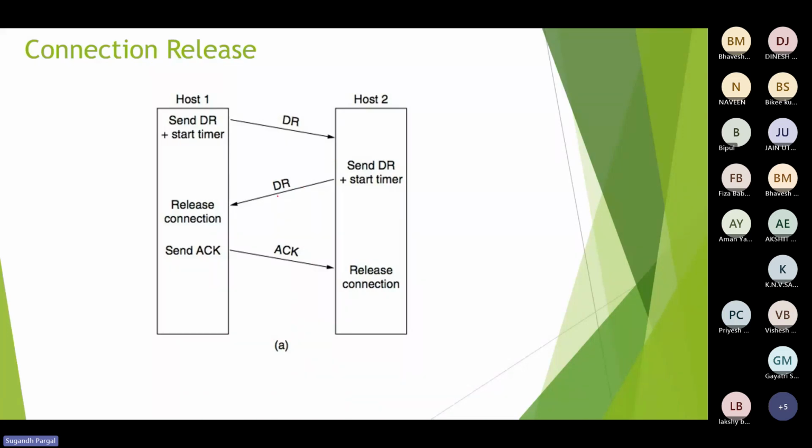Both requests are started with a certain timer. Within that timer, if they are acknowledged and reach host 1 and host 2, then host 1 gives an acknowledgement to host 2 to release the connection, and then the connection gets released at both ends.